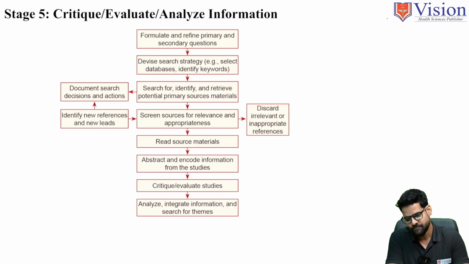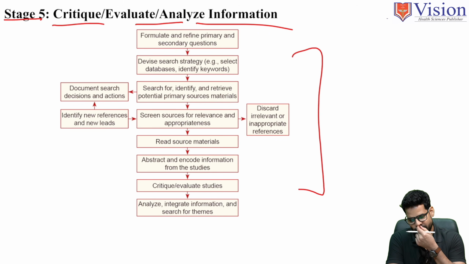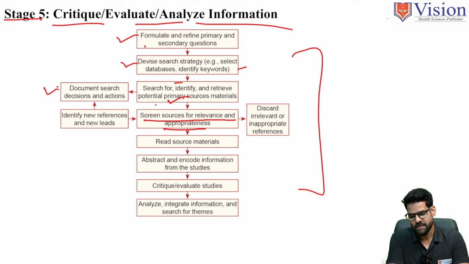Okay, that's about this. Then stage 5: critique, evaluate and analyze the information. This is an overall sum up in the form of this flow chart. Formulate and refine the primary and secondary questions, which we have already done. Devise your search strategy, that we have done. Selecting the database, search for, identify and retrieve the potential primary source material first, then document and make decisions. Then screen sources for relevancy and appropriateness, and those you find irrelevant and inappropriate, please discard.